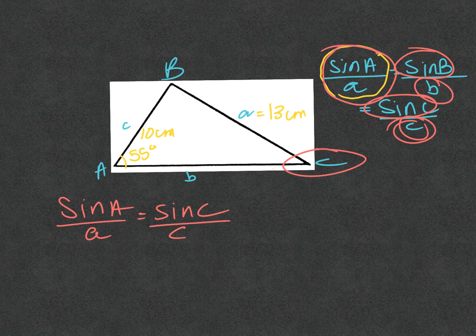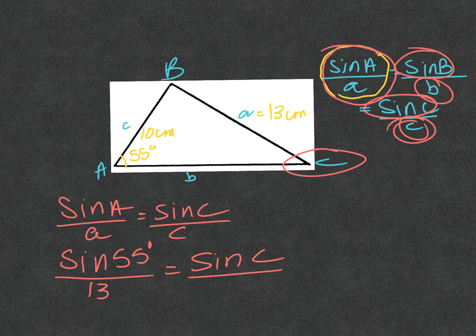Great. Let's start plugging in. So we know that sine of 55, make sure your calculator is in degrees, always, over length 13, right? Equals sine of C, we don't know it. This is going to be our unknown over the side length of C. So now you're going to use your calculator and use your proportions here.